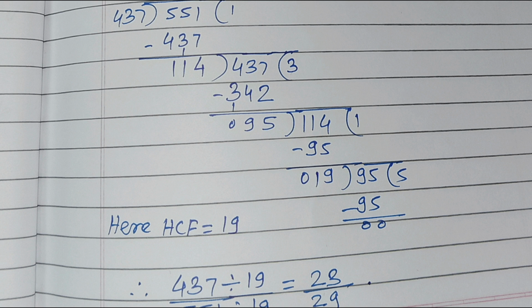Make 95 the divisor of 114. 114 is the dividend here. Now 95 ones are 95. Subtraction is 19. And then 19 as divisor, 95 as dividend. 19 5s are 95. Remainder 0 after subtraction. Now here HCF is equal to 19 and the fraction can be reduced by dividing numerator and denominator by 19, which is equal to 23 by 29.